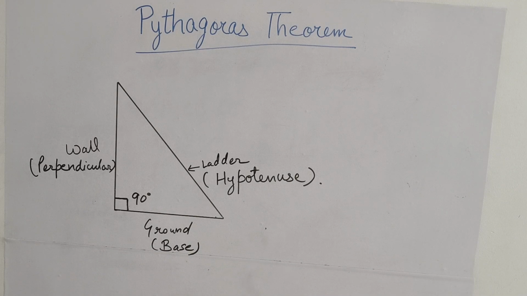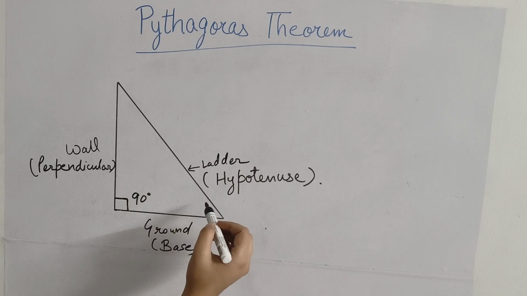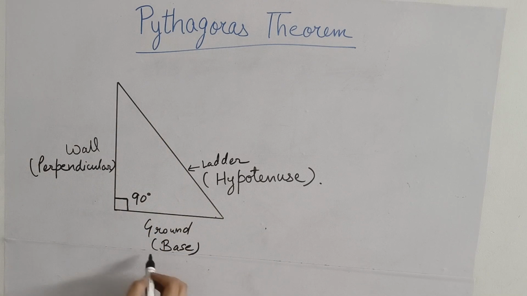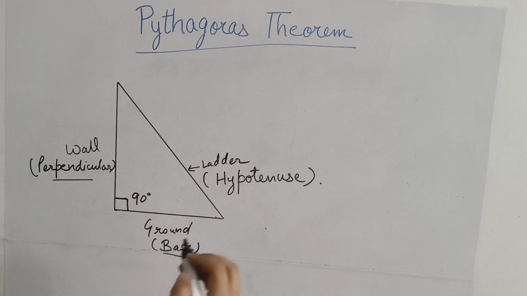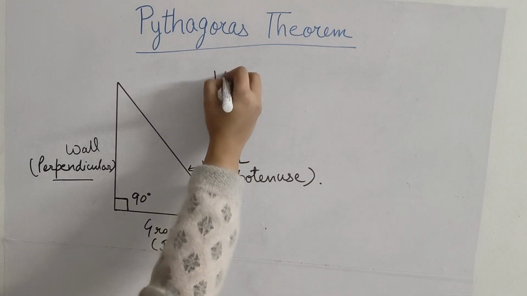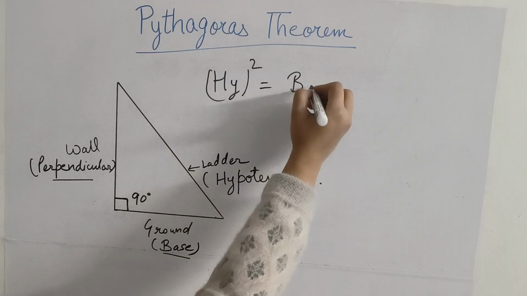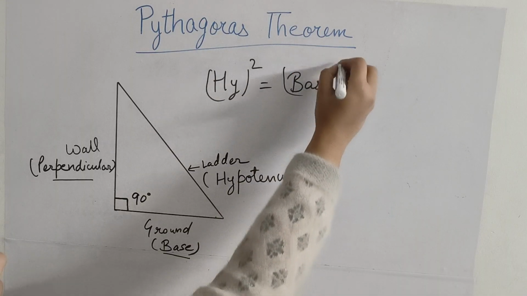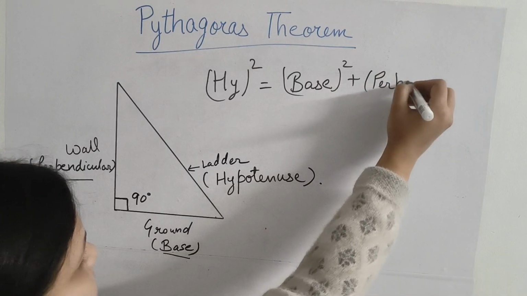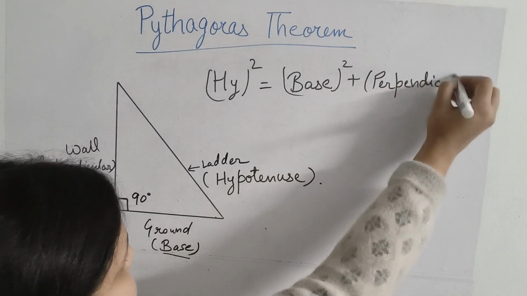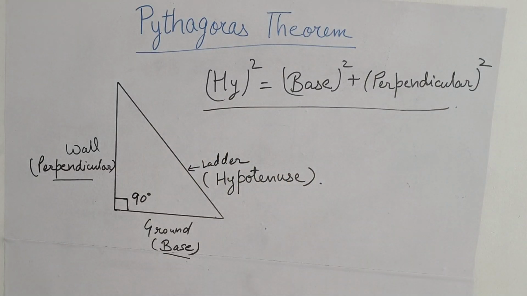So the theorem says the square of the hypotenuse is equal to the square of the base plus square of perpendicular. This is our Pythagoras theorem.